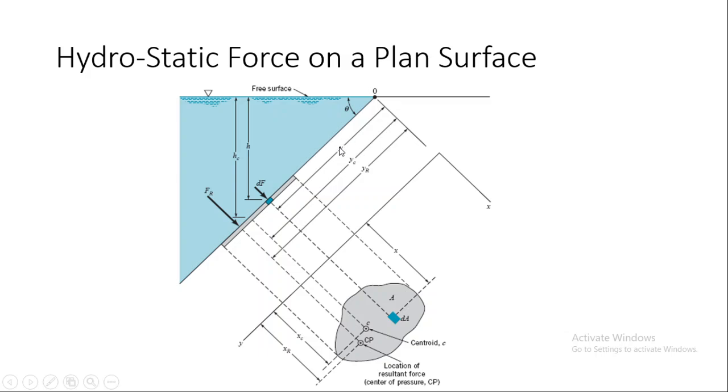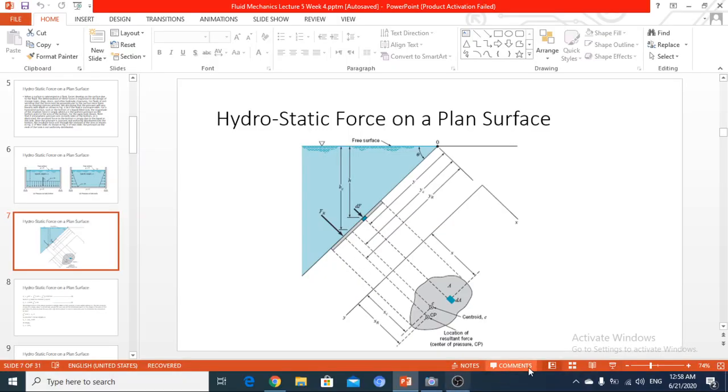The important thing to note is this y. If I see the vertical distance, how do I have to move?